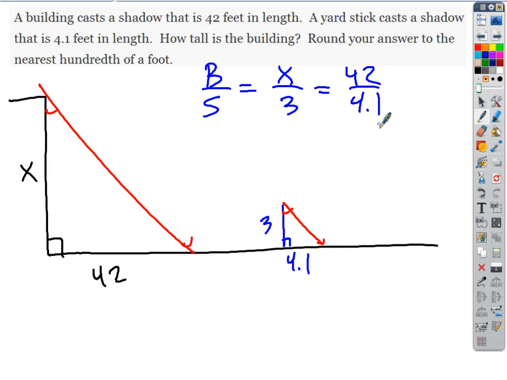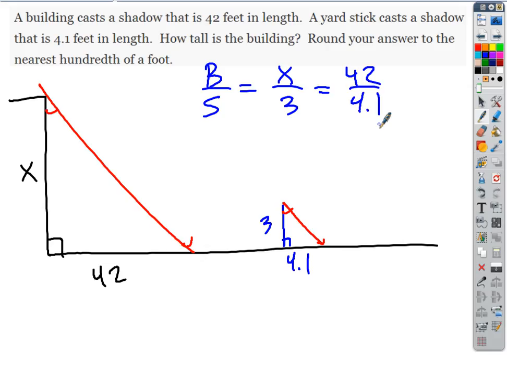Right. Now, what if we wanted to find a scale factor between those two triangles? Let's say that we're going to call this the starting and this the ending. How could I come up with a scale factor? What's a scale factor mean? Yeah, it's a ratio that describes how much bigger or smaller the final shape is than the original, right?